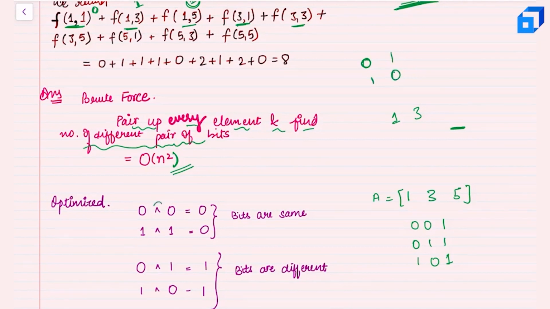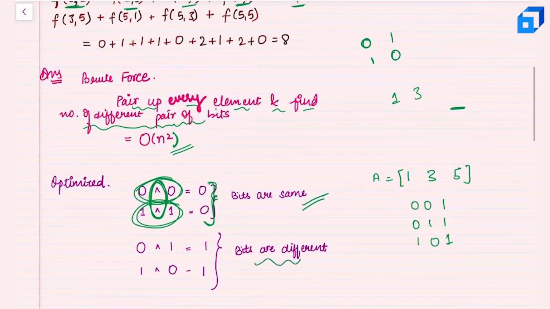If I find the XOR and I get 0, that means the bits are the same, but that is not of use to me. I want to find where bits are different. Bits will be different, 0, 1 or 1, 0, when my XOR will be 1. So I'll XOR the bits and look at how many ones there are.